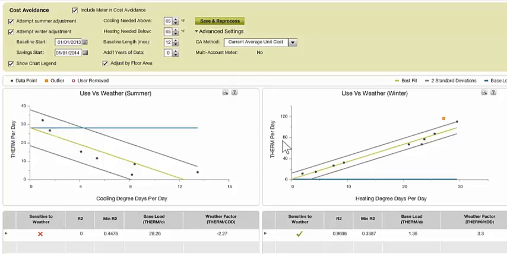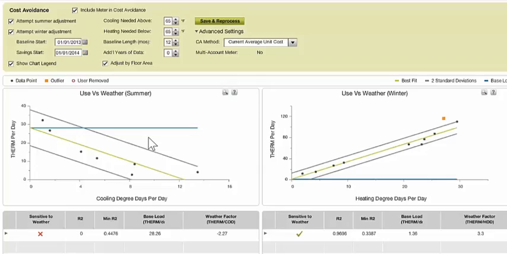Now, April also appeared over here on the heating chart. That means in the billing period of April, we had some warm weather and we had some cool weather. So a bill can fall in both the winter chart and the summer chart at the same time.